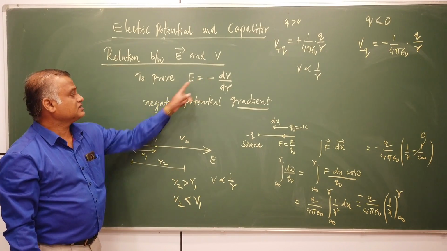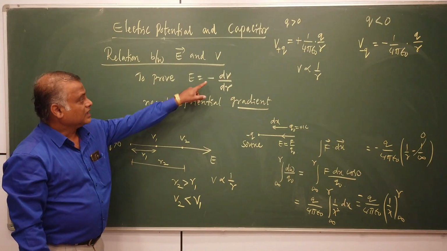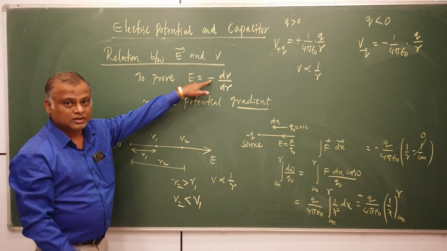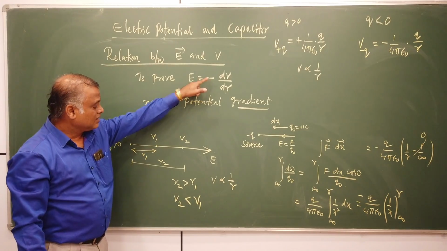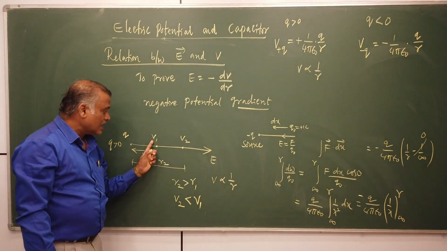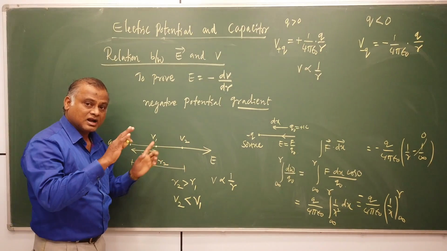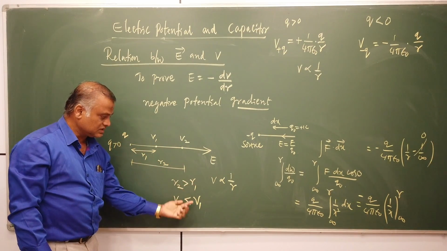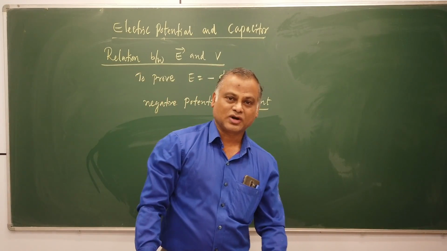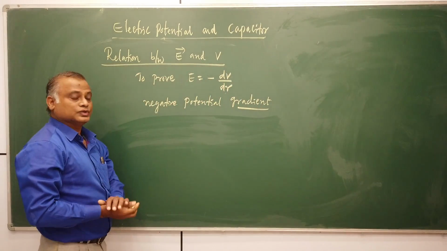That is the meaning of this negative sign. Negative sign in the formula tells you that along the direction of electric field, electric potential decreases. With this discussion, now you understood what this negative sign tells you.